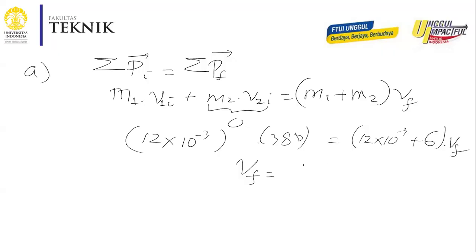After the calculation, V final is around 0.758 meters per second.